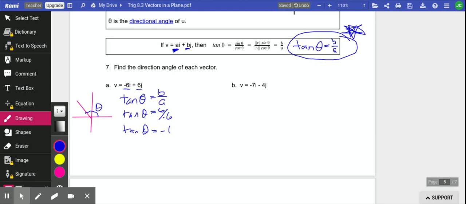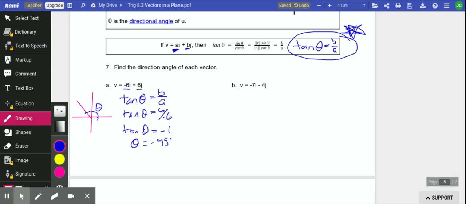Now, you can go ahead and do this in your calculator. We're going to be in degree mode for now. If you do this in your calculator, you're going to do inverse tangent of negative 1, and your calculator is going to tell you negative 45 degrees. Okay, make sure you're in degree mode. Now, negative 45 degrees, that's down here. That's in the wrong quadrant. So we need to adjust.